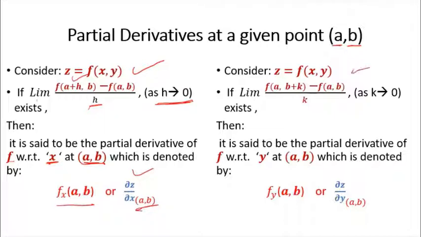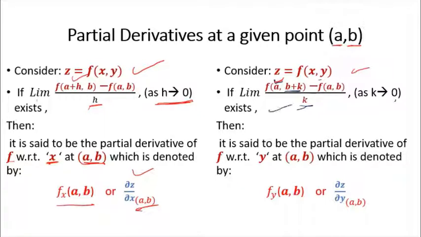In a similar way, the partial derivative of f with respect to y at the point a comma b will be the limit of f of a comma b plus k minus f of a comma b, by k as k tends to 0.